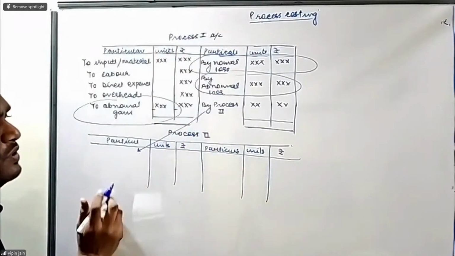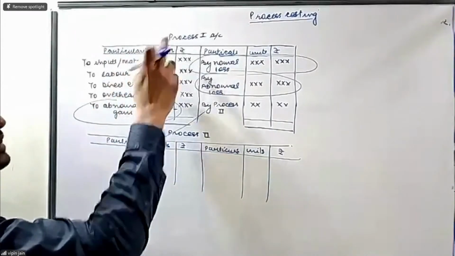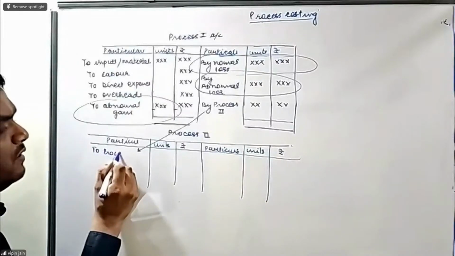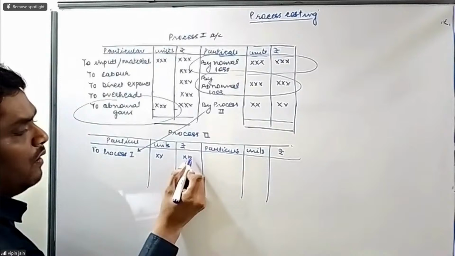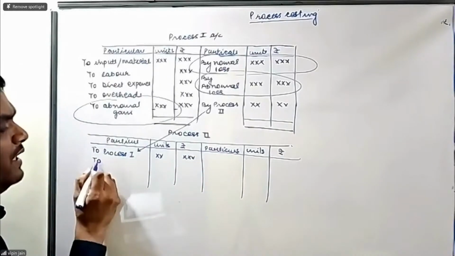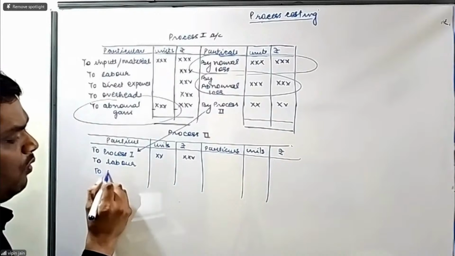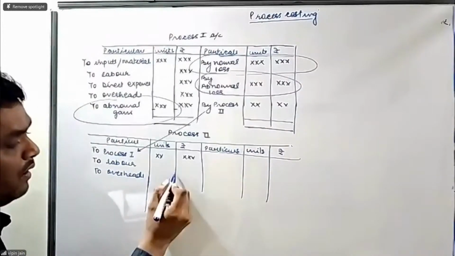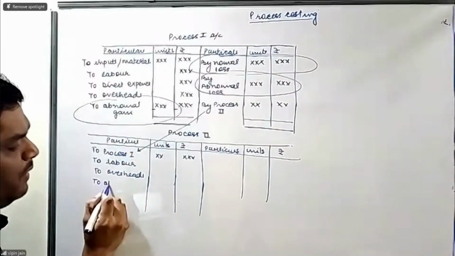So for process second, the input will be what? The input will be what is received from process first. So we'll write 'to process first'. And thereafter, whatever the conversion cost, be it labor, overheads, and if any abnormal gain is there, abnormal gain.